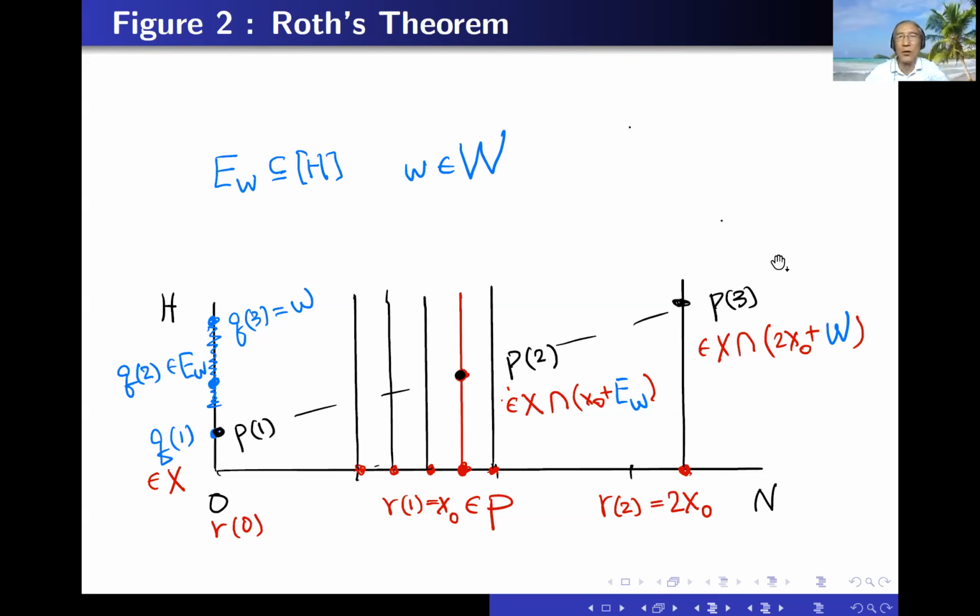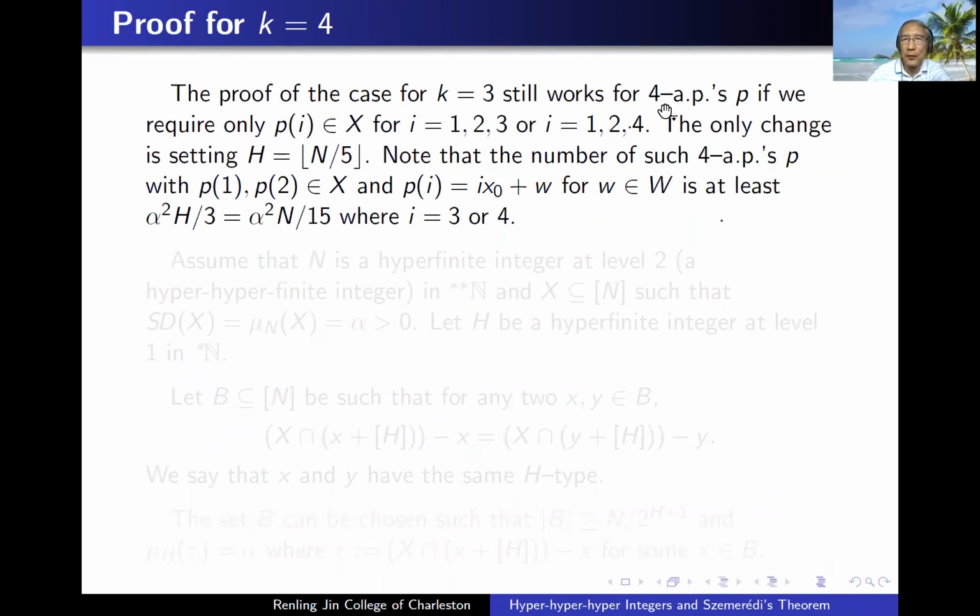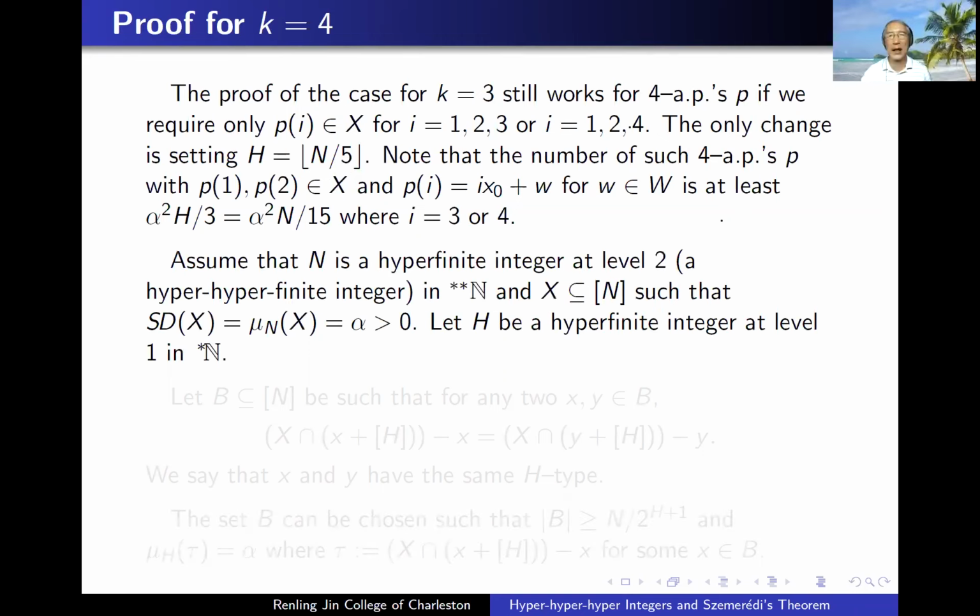Using exactly the same idea for the 4 APs, we require only the first 3 elements in X, or the first 2 elements and the 4th element of the AP inside X. And we are now using 1/5 of N to be H. We use the same idea to prove the case for k equals 4.